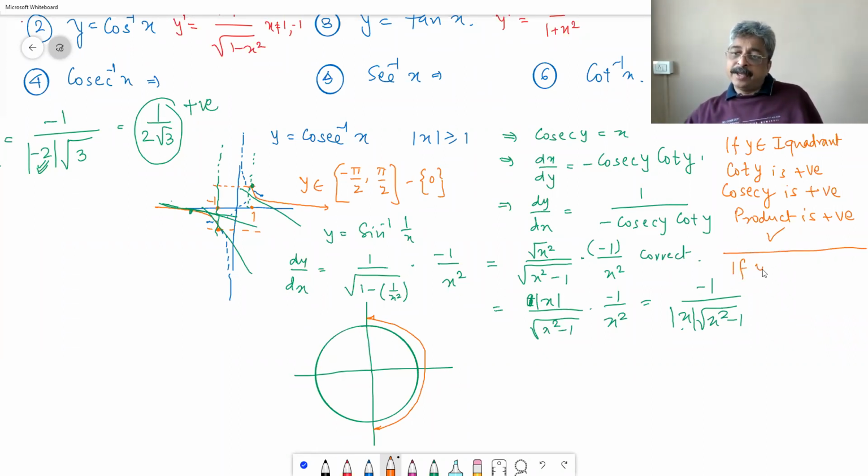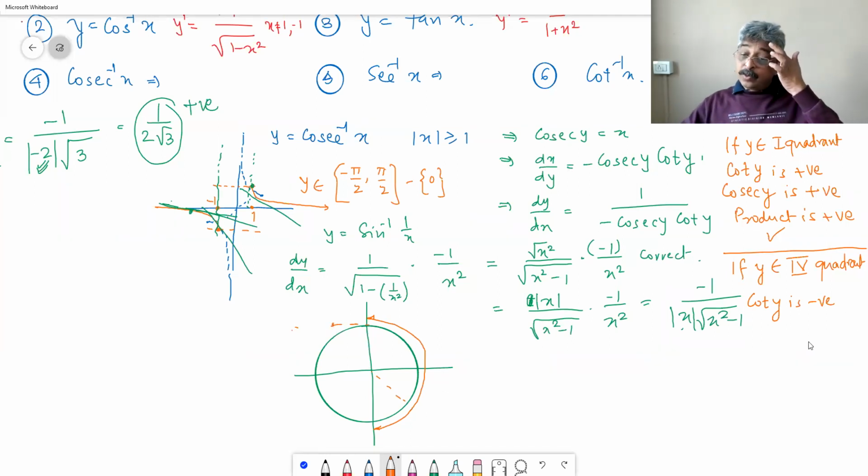If y belongs to the fourth quadrant, then cot y will be negative, because cot y is this quantity which is negative. Cos y does not make any difference.